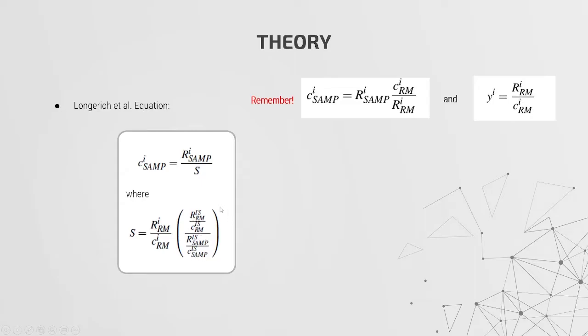Then what is this part here in the brackets? Well, if we look at it, it's the count rate of the internal standard in the reference material divided by the concentration of the internal standard in the reference material, divided by the count rate of the internal standard in the sample divided by the concentration of the internal standard in the sample. And you might notice that this looks exactly like this. And that is because this is just the yield factor of the internal standard in the reference material.